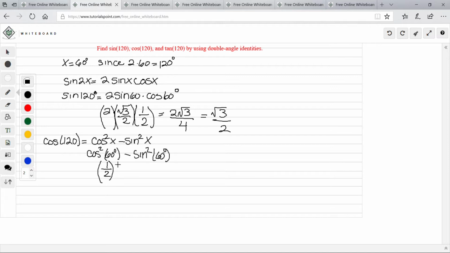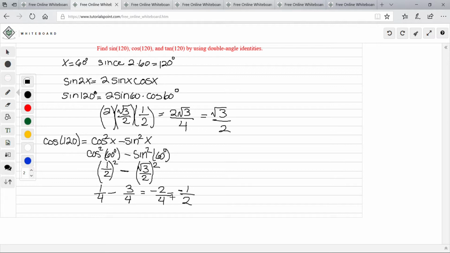And then sine of 60 degrees is √3/2, and make sure you square that as well. So that's 1/4 minus the square root of 3 squared, which is 3, over 4. So it's 1 minus 3, which is -2 over 4, and that simplifies to negative 1 over 2. That's -1/2.